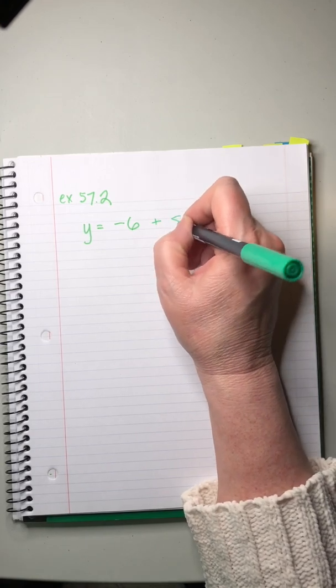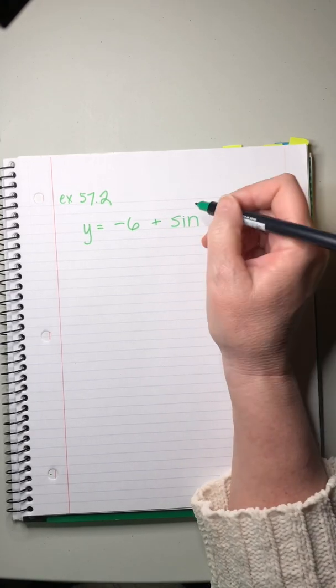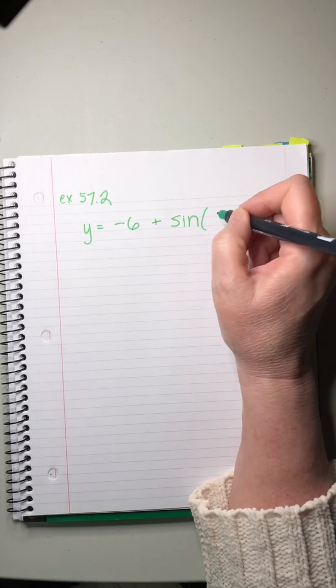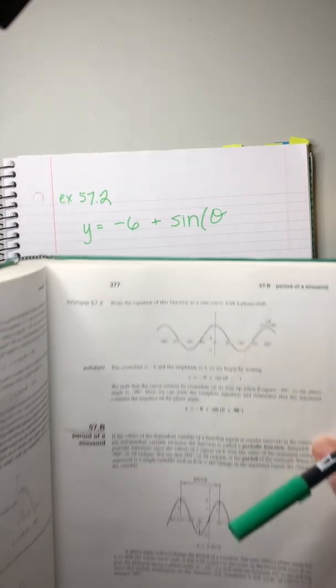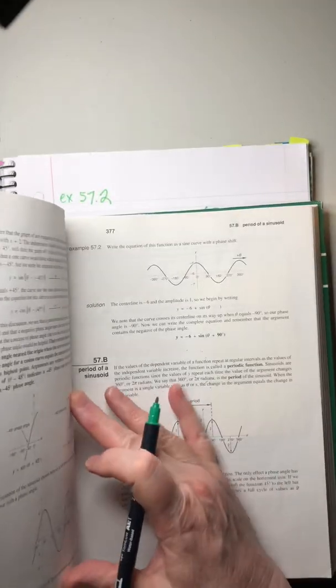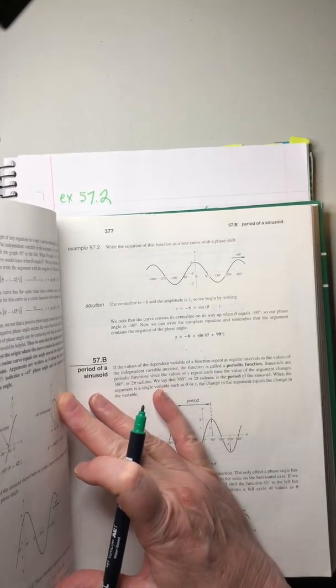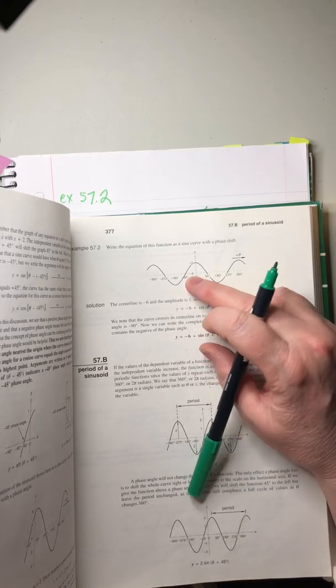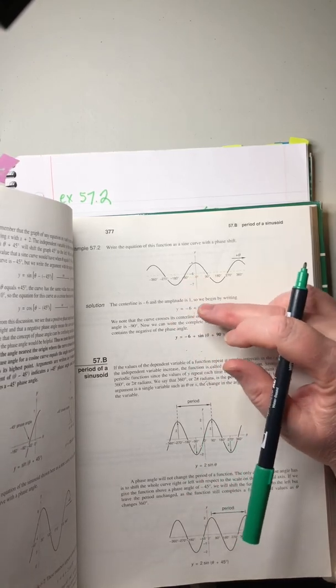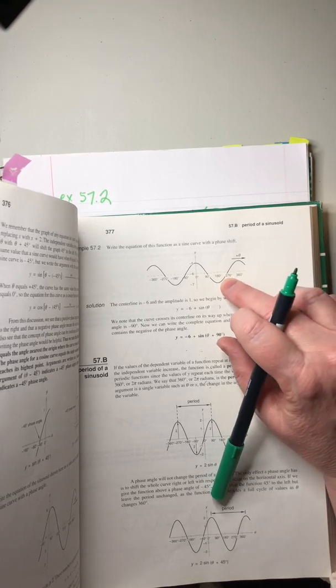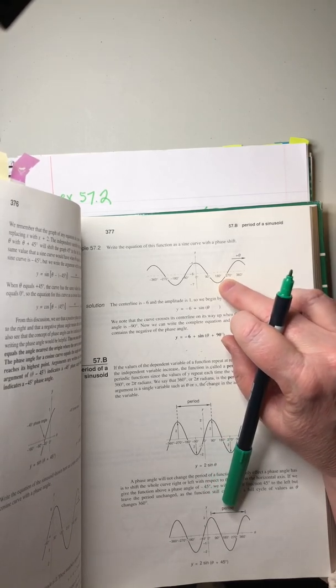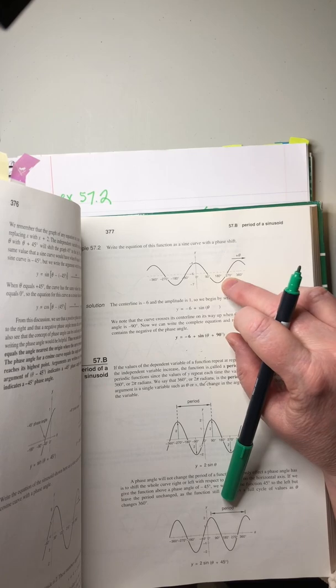So I can just say plus the sine. We're only interested in sine. Now I know there's a phase shift, so I put the parenthesis, theta. Now I go back and look at the picture. I want the place where the curve is coming up, and I want the one that's closest to 0. So I could technically look at this and go, oh, look, it needs a phase shift. It's a positive 270, so I would write that as minus 270.